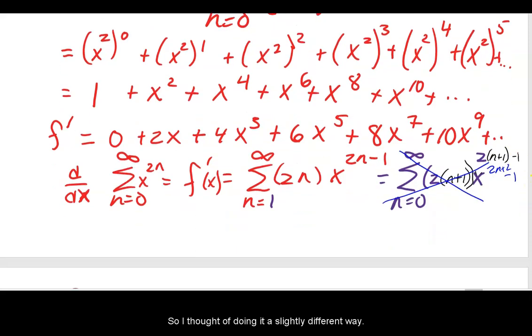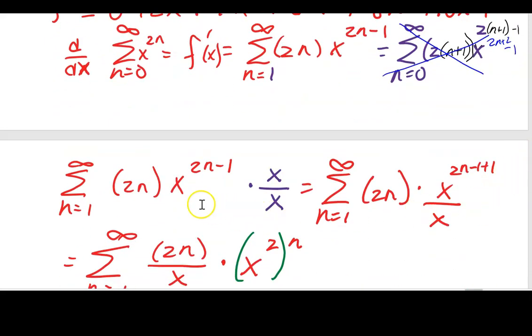So I thought of doing it a slightly different way, which was simply to do this. Since I want to get rid of the extra minus 1 that's in the power, I am short by 1 power of x, so I can multiply by a unit fraction equal to the number 1 in the form of what I need, x divided by x.